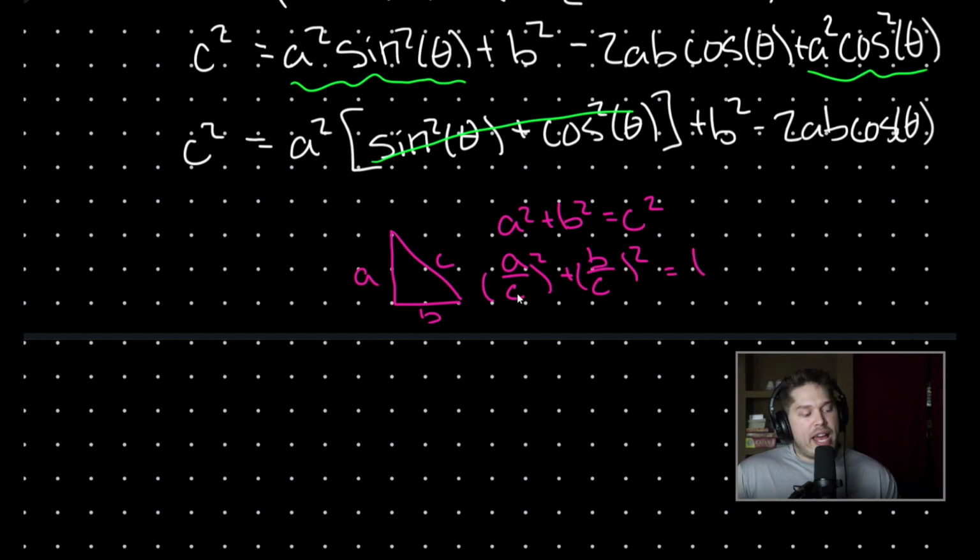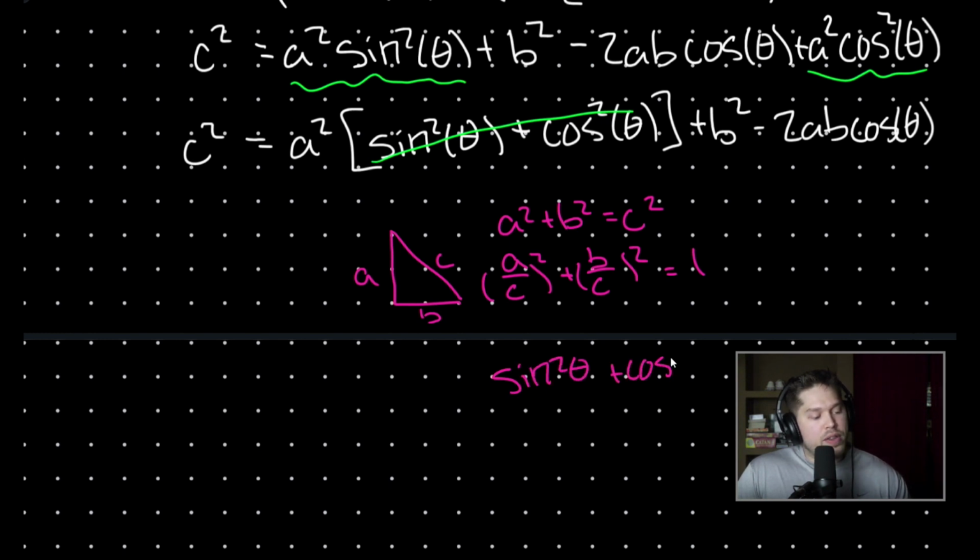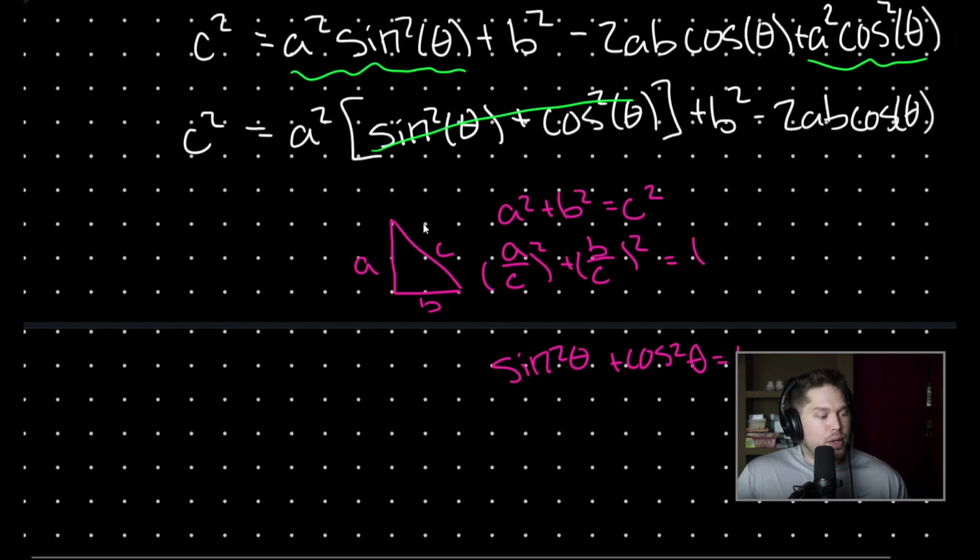But what is a over c? And what is b over c? Well, it's one of the legs of your triangle over the hypotenuse. And so in other words, this is sine squared theta plus cosine squared theta, and it equals 1. So there's a quick little proof that this trigonometric identity is equal to 1.